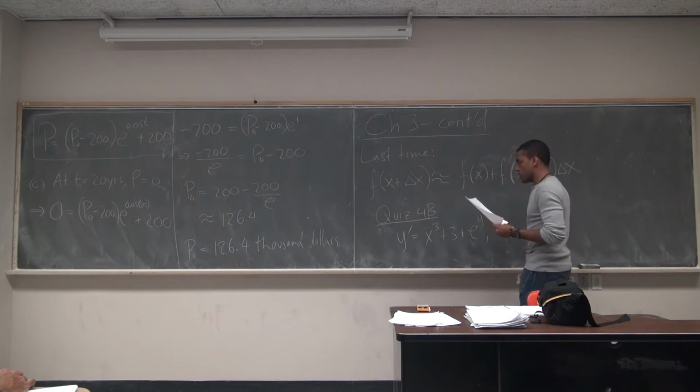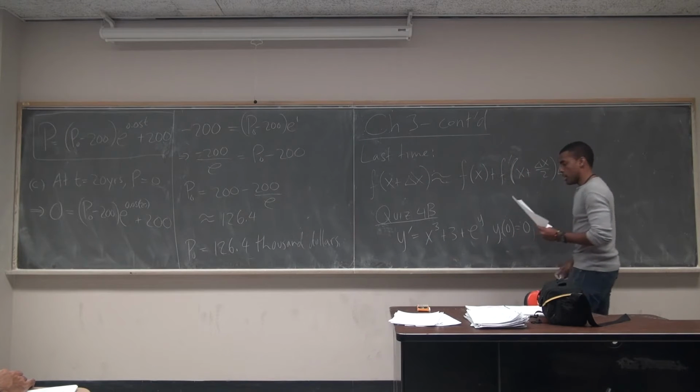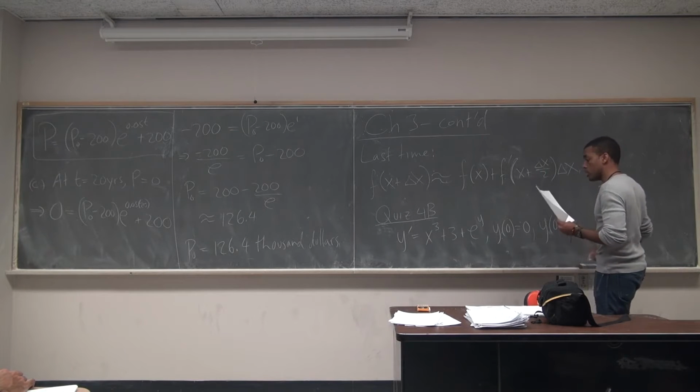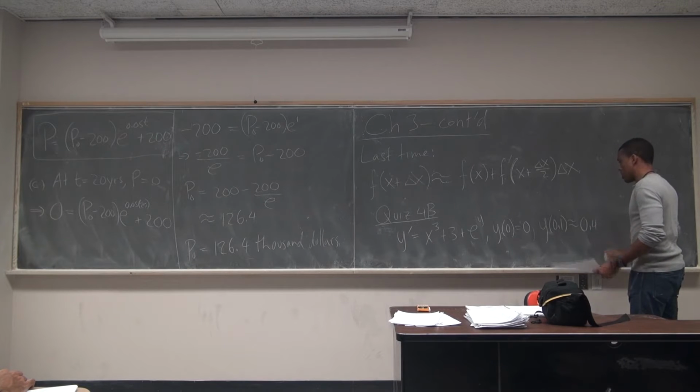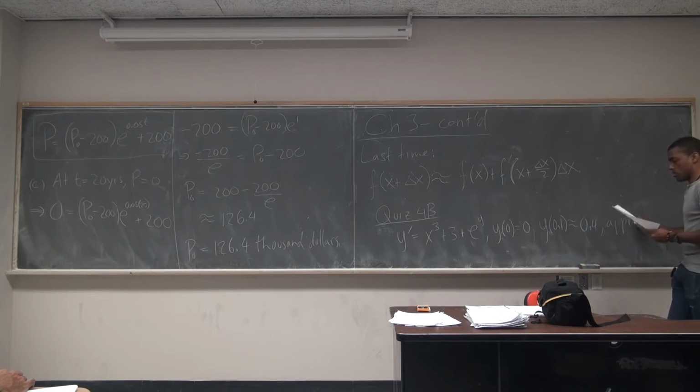And I gave you two pieces of information. There's an initial condition, y of 0 equals 0. And we know that y of 0.1 is approximately 0.4. And I asked you to approximate y of 0.2 using this equation.